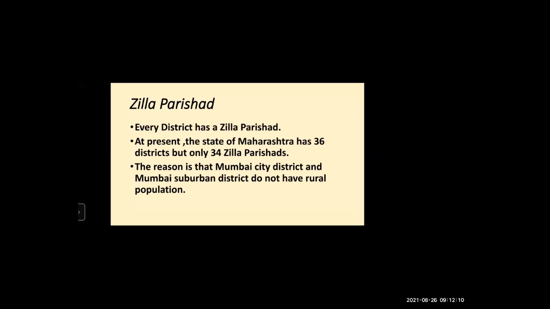These are the villages which are not coming in the urban population. That is why they are called the rural population. Therefore, they do not have Zilla Parishad. Mumbai city does not have the Zilla Parishad because it is not coming in village area.